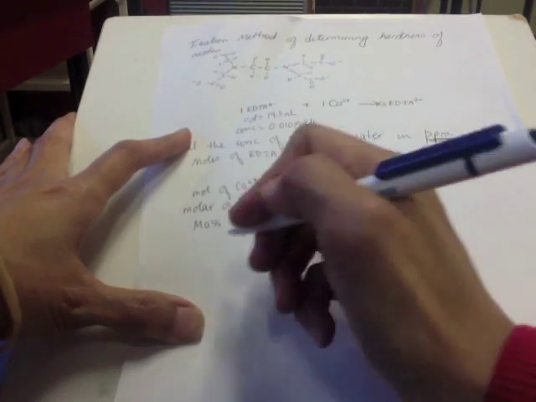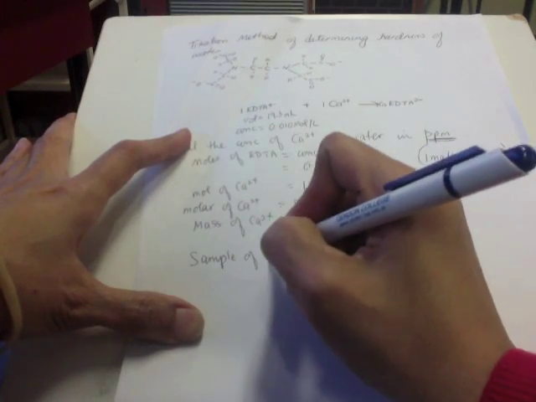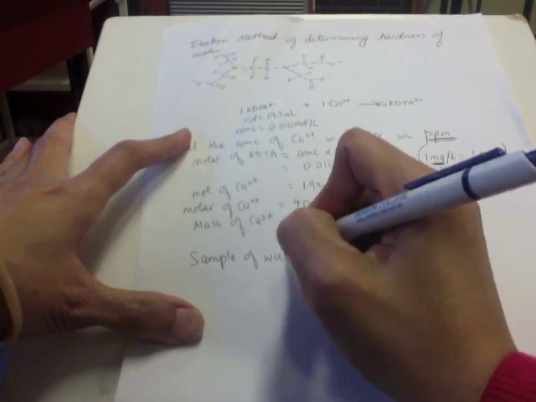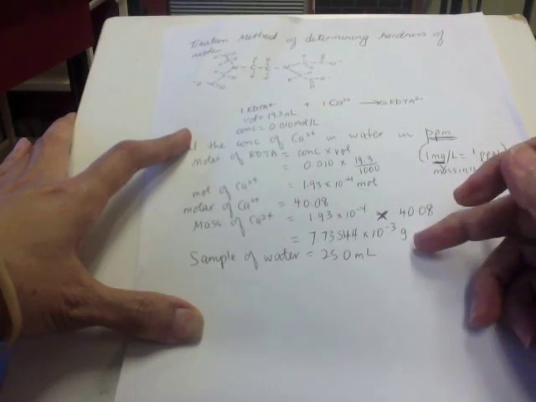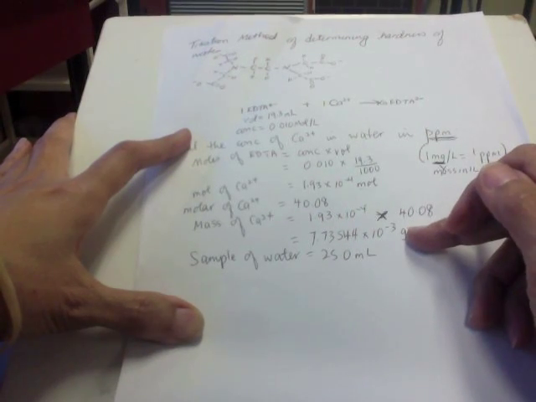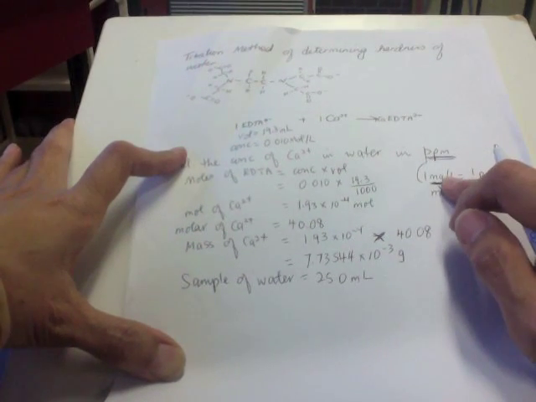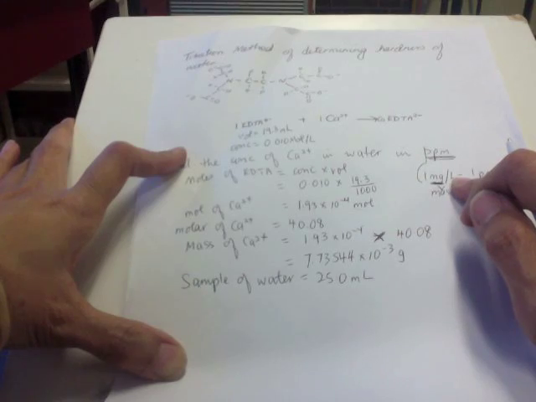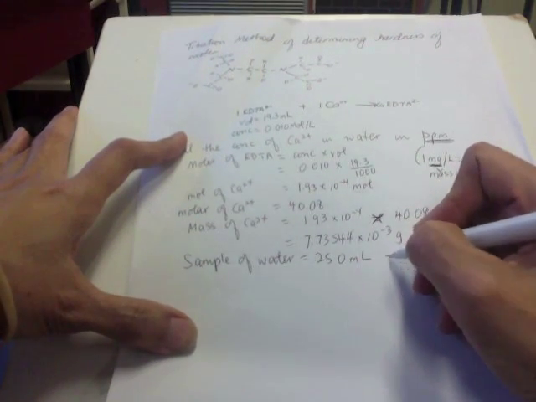But the parts per million is milligrams in 1 liter. The sample of water that we used in our titration is 25 mL. This is the mass of calcium in our 25 mL sample of water. So to calculate the number of milligrams in 1 liter, we first convert this to liters.